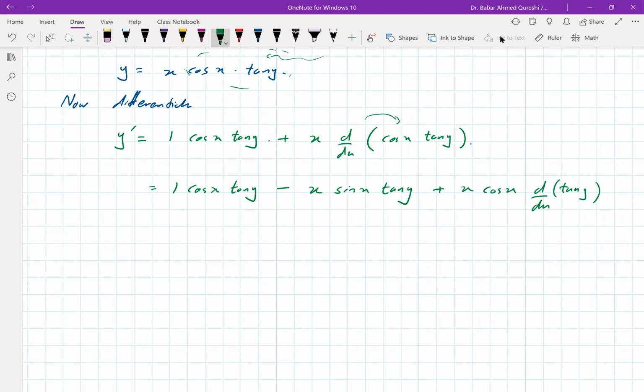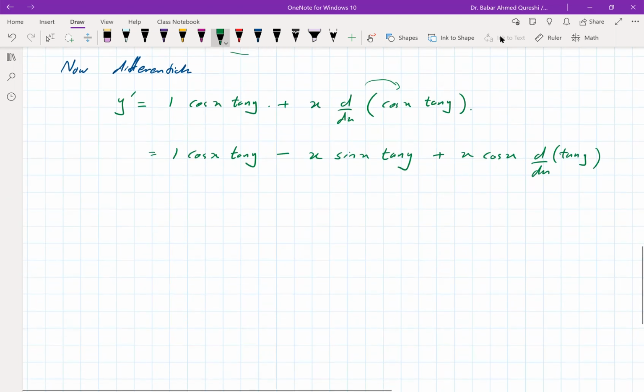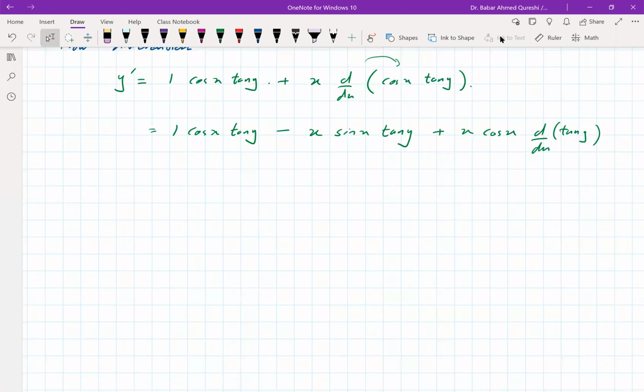Now, all you have to do is try to simplify it.